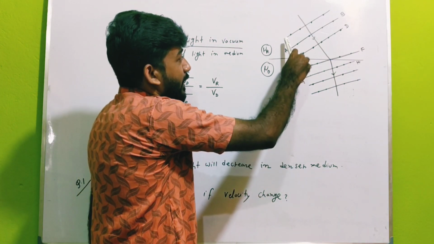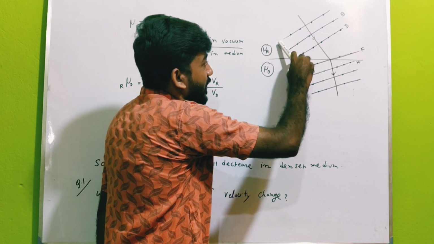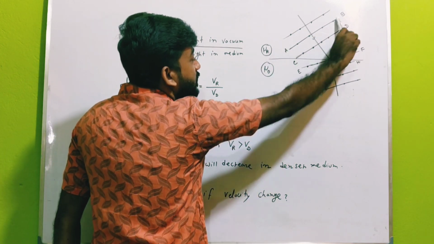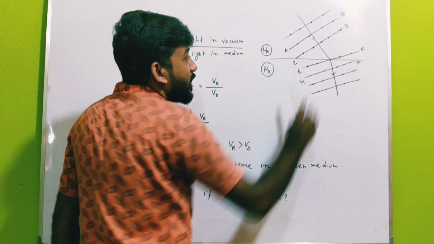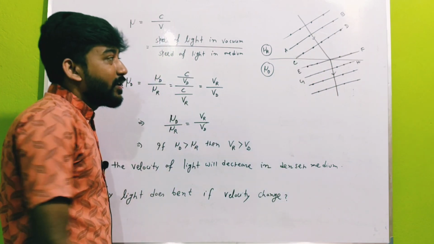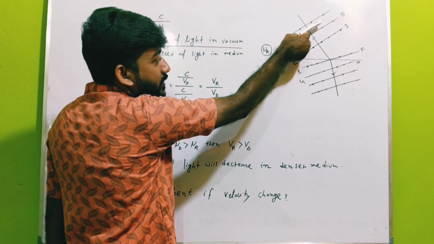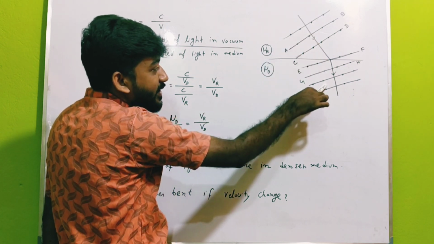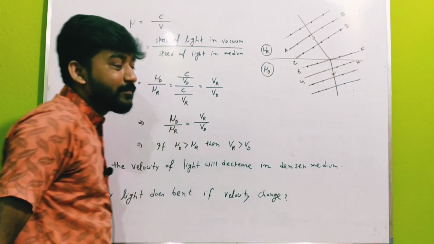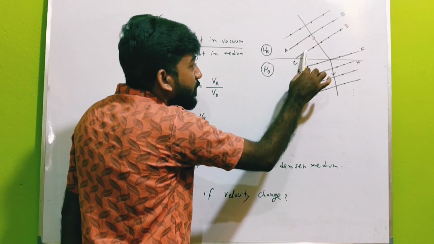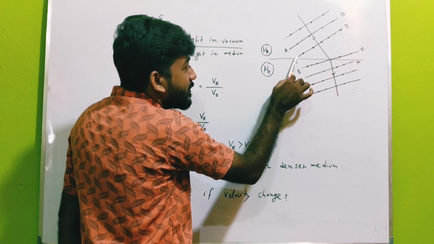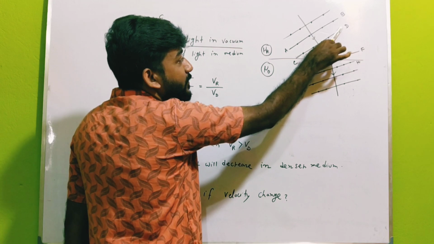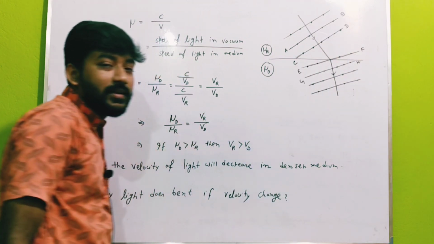So as we are talking about the whole wave front, that is the whole line, total line AB or CD, this total line does not enter the second medium together. If you talk about these points, then point C will enter this medium earlier and point D will enter this medium later on.